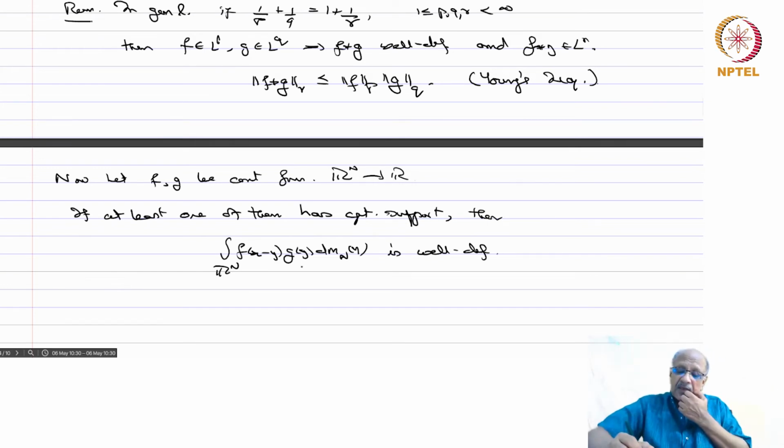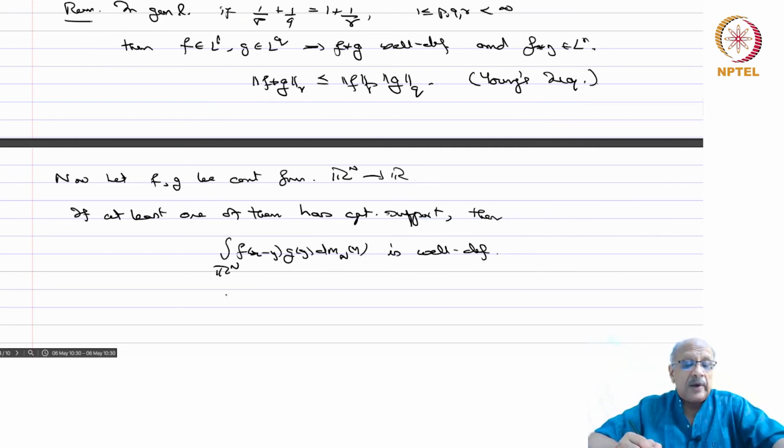For instance, if g has compact support, then you just integrate over the support of g, which is a compact set. Then f and g are continuous, therefore they are bounded. Compact sets have finite measure, so this integral is finite and therefore it is well defined.